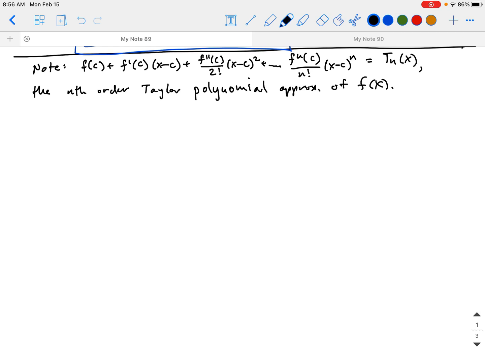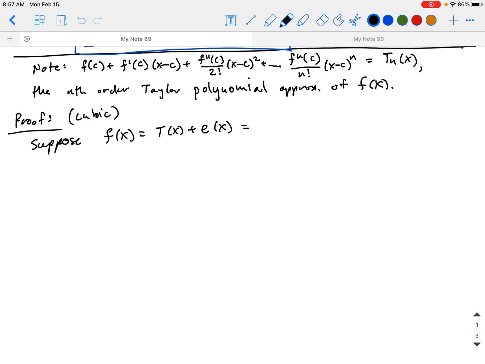So we're going to suppose that f of x is equal to t of x plus e of x, where t is going to be our Taylor approximation. And we're going to use it for a particular function. So we're going to use a cubic. So our proof is going to be the cubic polynomial case.